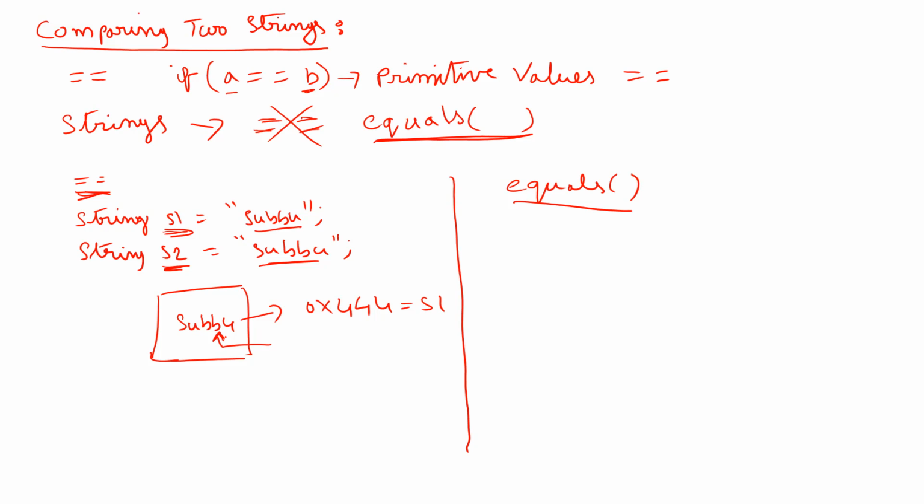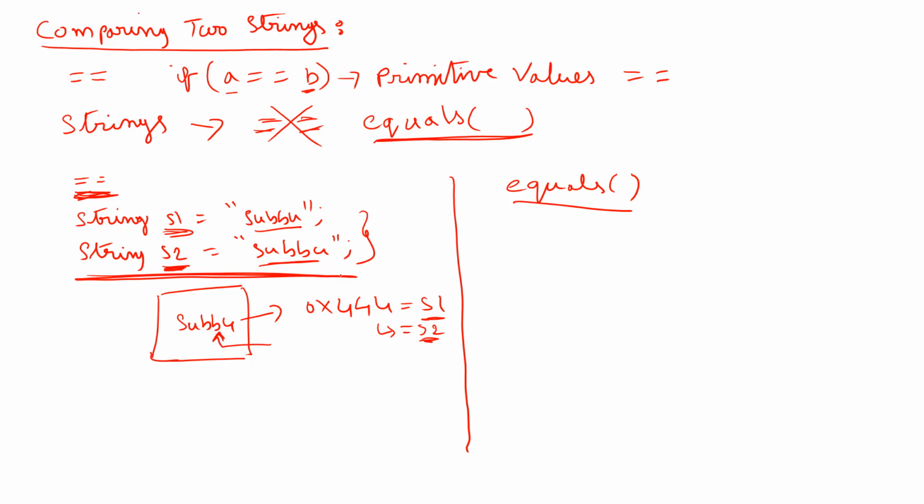So if it is available, then it will assign the same reference point. That means this one also will become S2. So in this case, the reference points will be same. So since the double equals to method compares the reference points, if you use double equals to for this one, then it gives you the correct value, saying that yes, they both are equal.